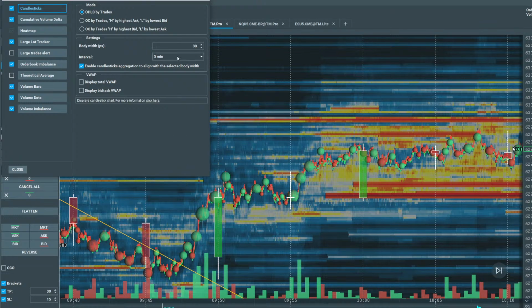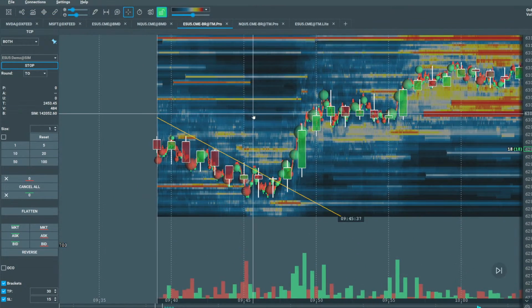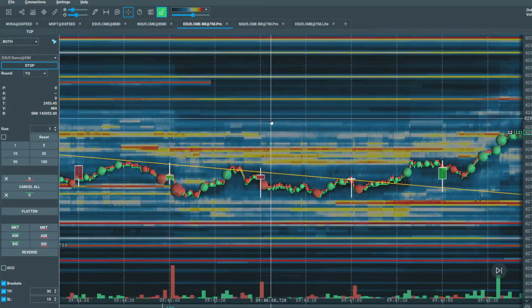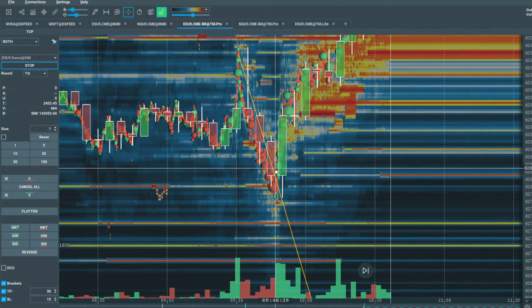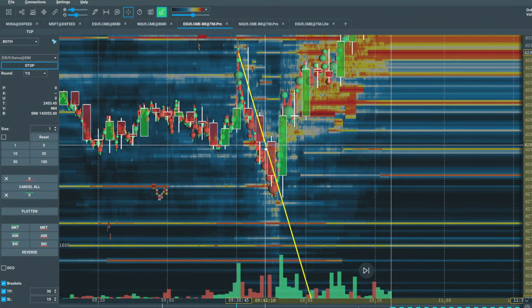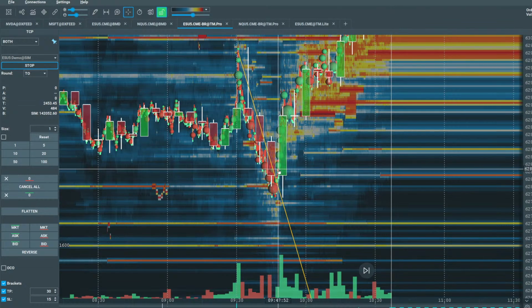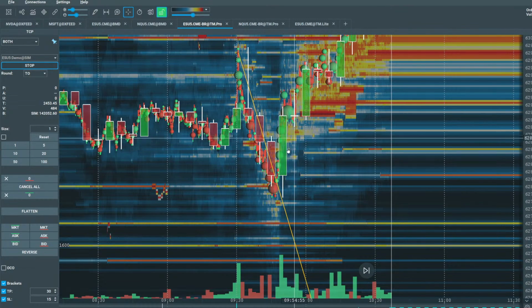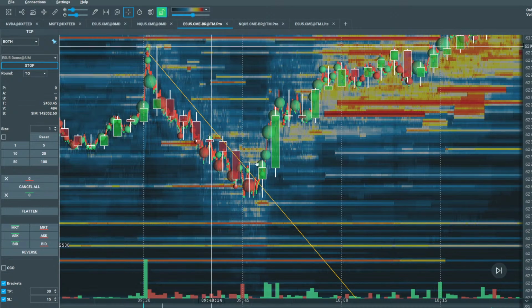This is a really cool feature. I've never seen anyone else do this. This is a 1 minute. Now, when we zoom in, this will turn into a 5, 10, 15 minute. You can see here it's 5 minutes now, maybe 10 minutes. Anyway, it'll aggregate as they compress together.